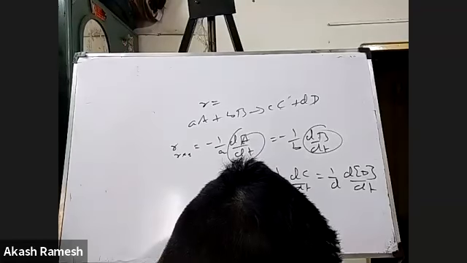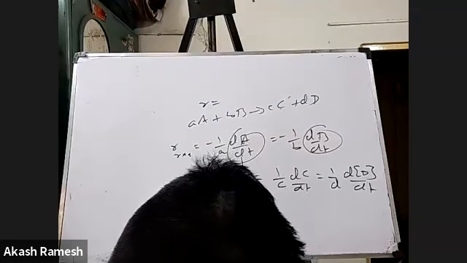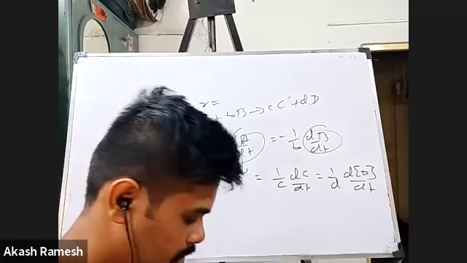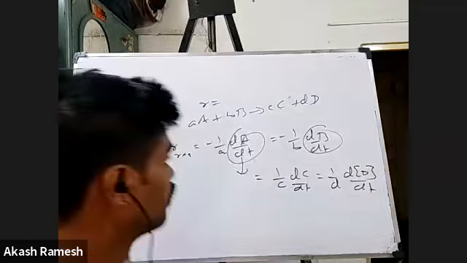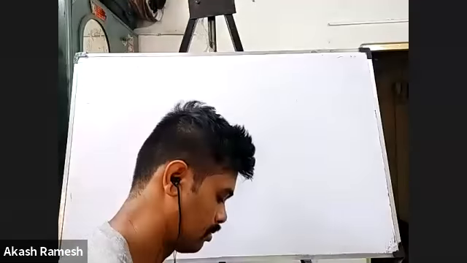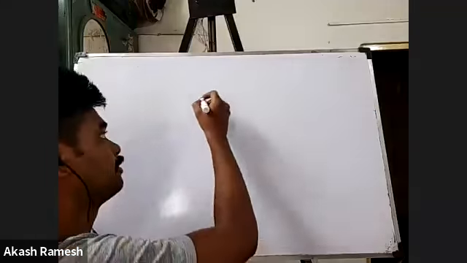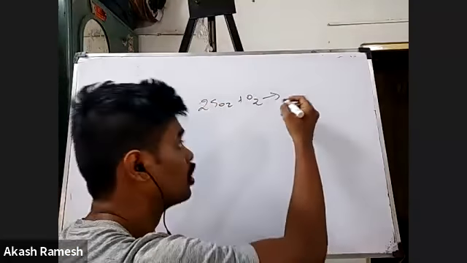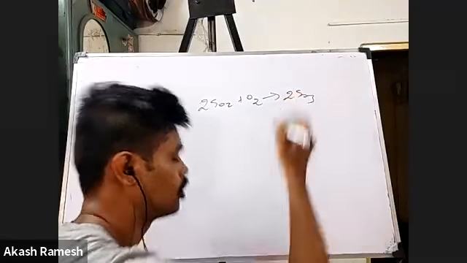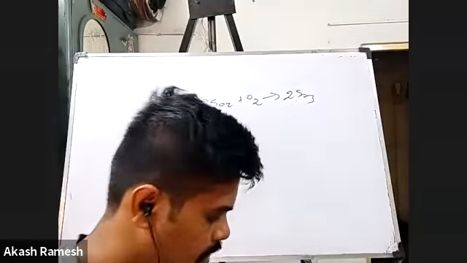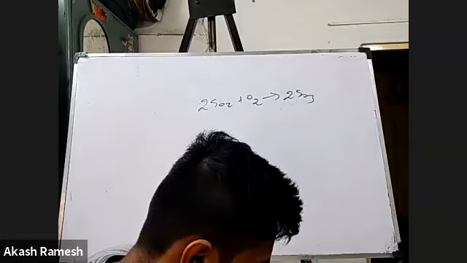Right. So the question goes like this. I have 2SO2 plus O2 giving 2SO3, right? Fine. First take on the reaction, I'll give you the question.